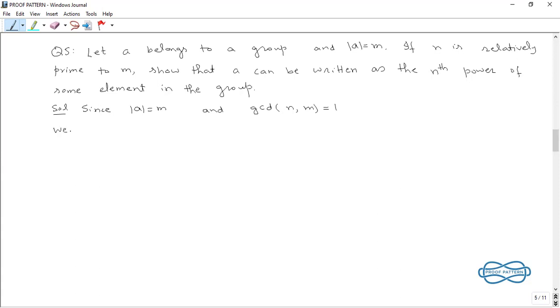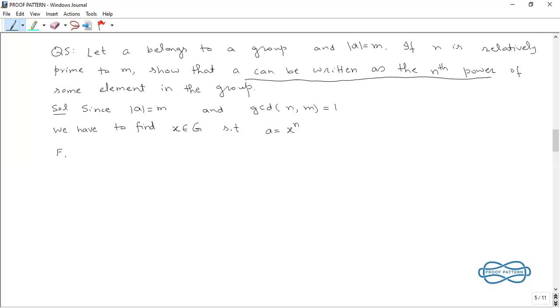We have to find x belongs to G such that A is equal to x^n. Okay, means we have to find an element so that A can be written as the nth power of that element. It means we have to find the x.